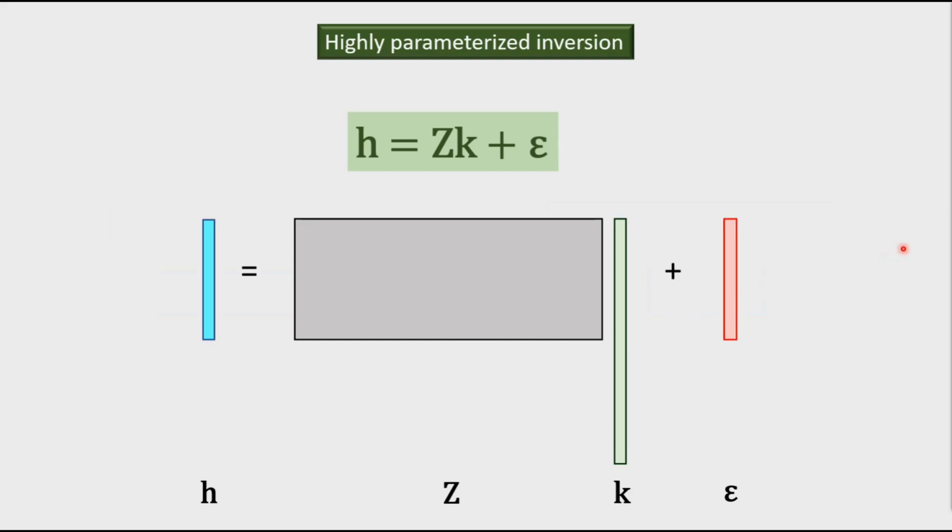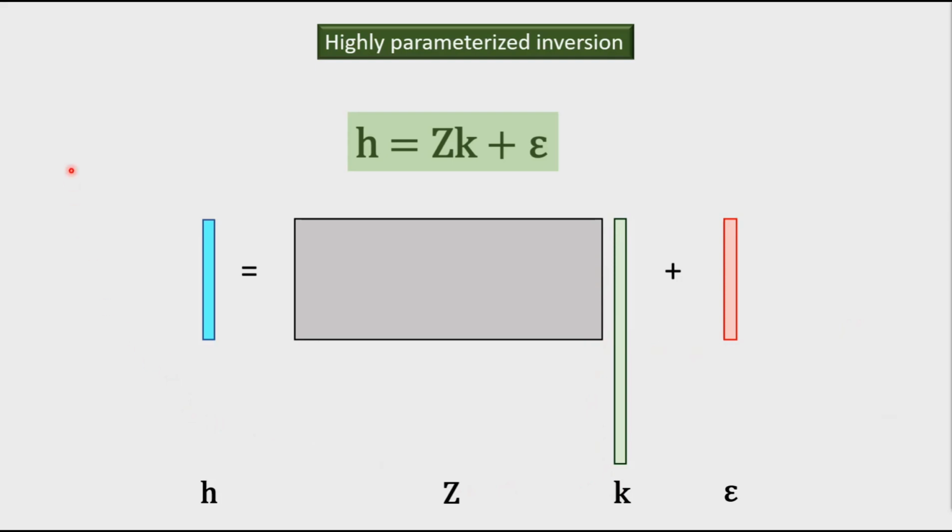So here's the situation that we're dealing with when we're working in a highly parameterized world. Here's our equation again, H equals ZK plus epsilon. We don't care how many parameters there are. And just to make the maths a little bit easier throughout the rest of this presentation, let's assume that there are more parameters than there are observations.